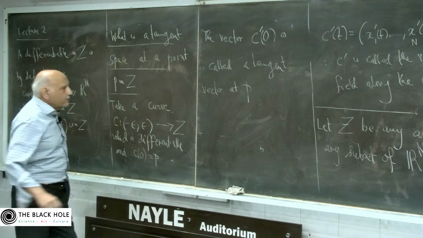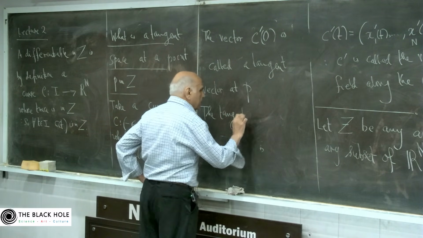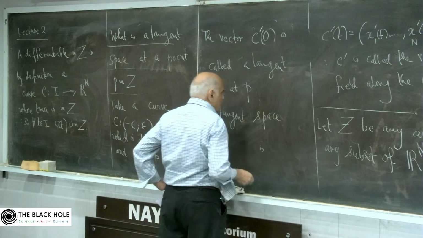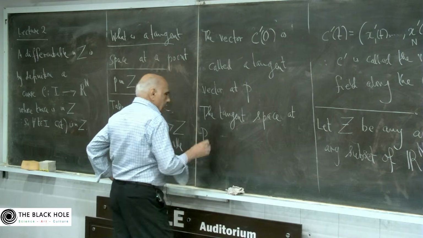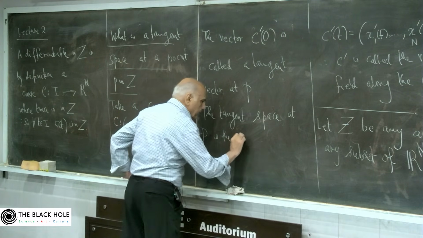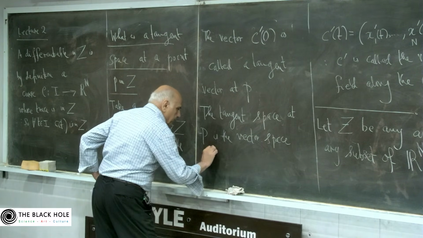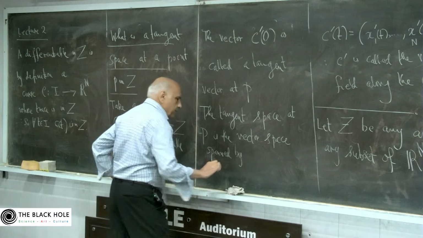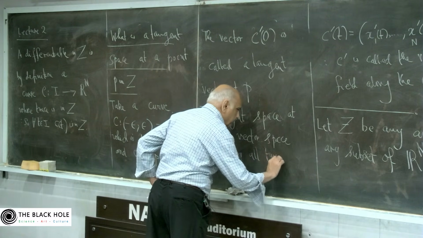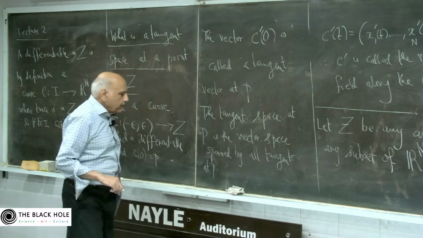The tangent space at P is the vector space generated by, spanned by, all tangents at P. I think you mean all curves.